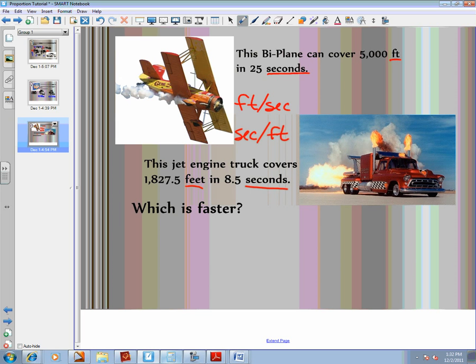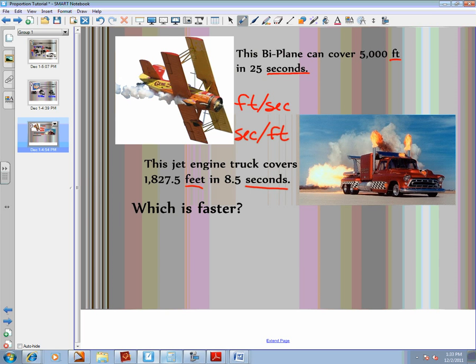Well, you're already sitting there thinking, I've never heard of people talking seconds per foot before. That's going to be a very, very small number. How many seconds does it take to cover 1 foot for a jet engine truck? Well, 1 foot for a jet engine truck is nothing. So let's not worry about that. Let's go to feet per second. How many feet every 1 second do these two modes of transportation cover?